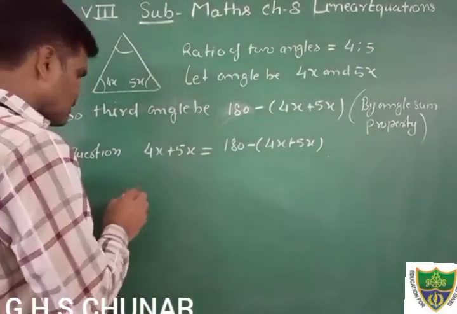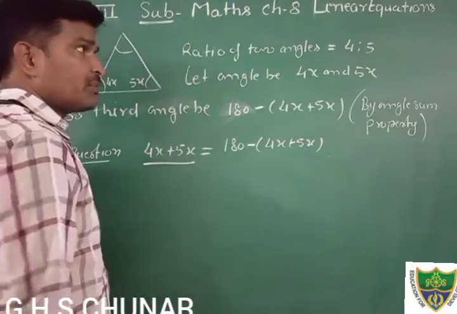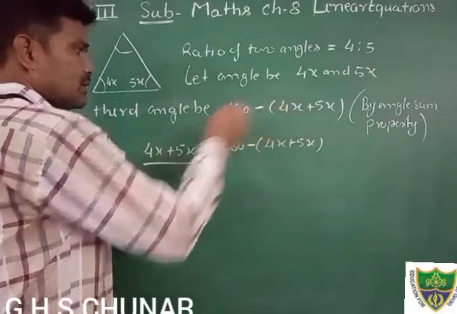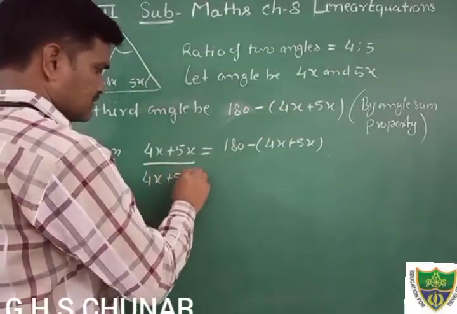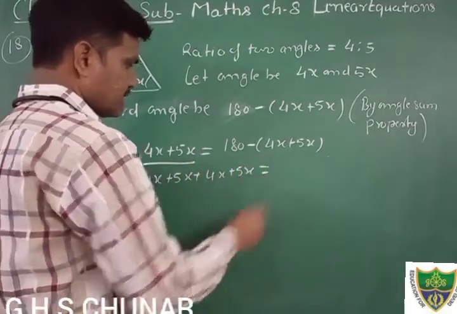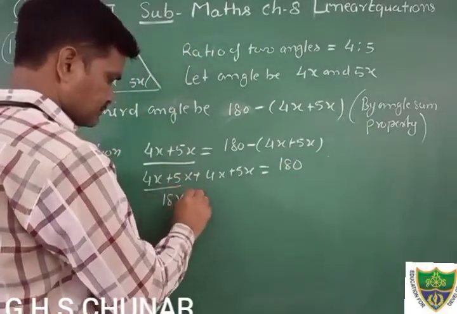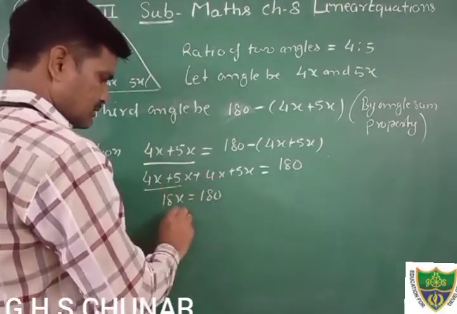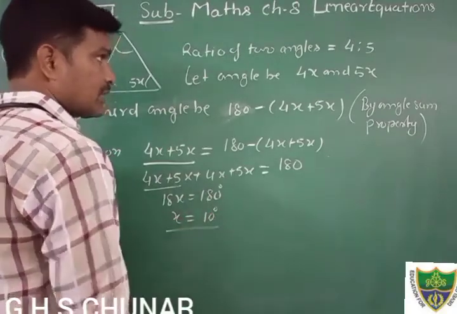So, it is given that the sum of two angles is equal to the third angle. We will find the third angle is this. When we solve it, that is 4x plus 5x plus 4x plus 5x is 180. Now 18x is equal to 180, then x is equal to 10.